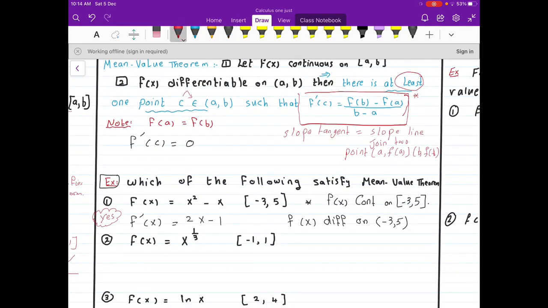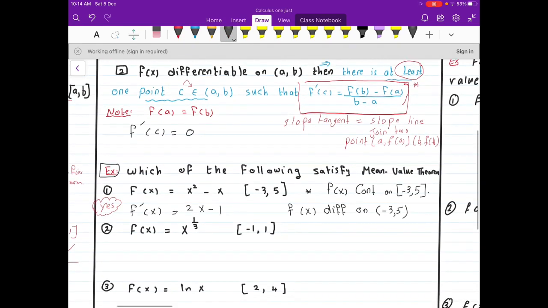Now, if f(x) equals x to the power 1 over 3, does this function satisfy the mean value theorem? This function is continuous on R, so f(x) is continuous on the closed interval [-1, 1].